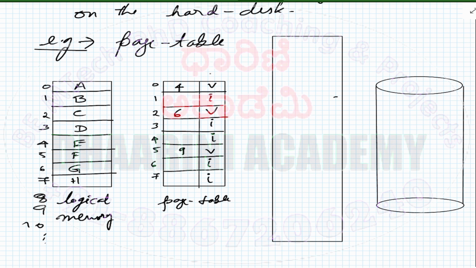So this particular bit, what you write here, corresponds to the valid or invalid bit. Now we can trace this out using the following technique. Sorry, this value 9, 9 is actually present in the logical memory, we have not shown.